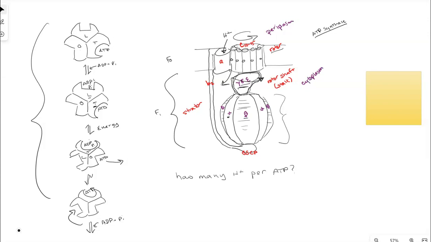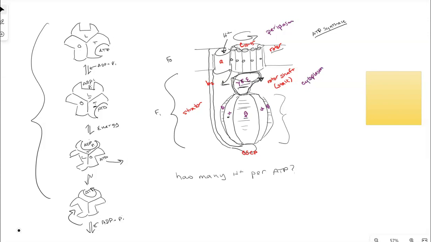So let me explain. So the bioenergetic cost of making ATP varies widely among organisms. For instance, in prokaryotes, chloroplasts, fungi, ATP synthases have evolved a range of C-ring sizes from 10 to 15 subunits.